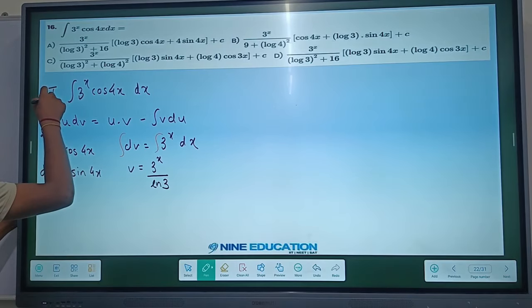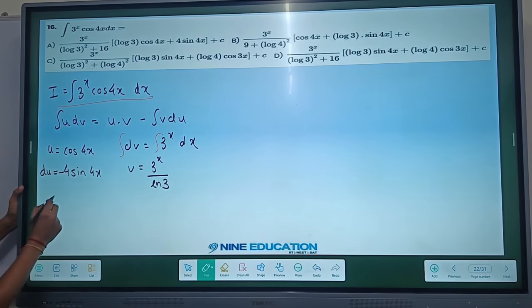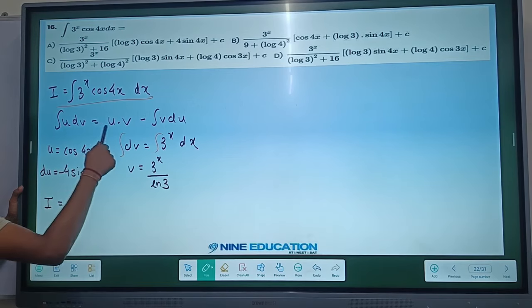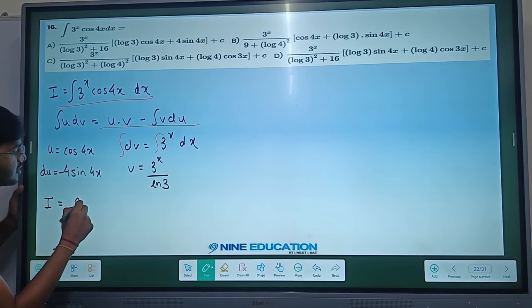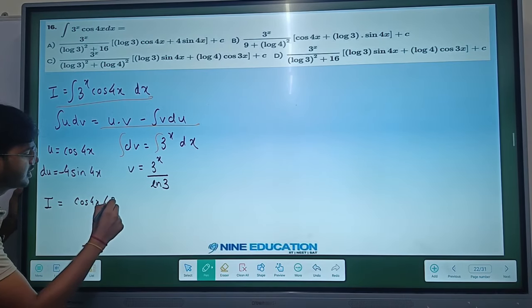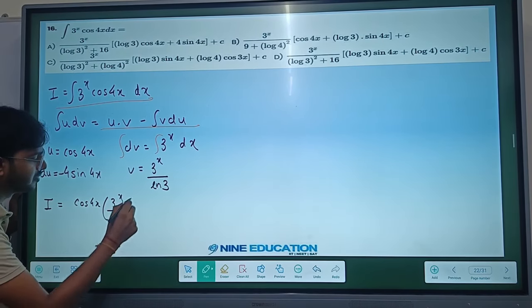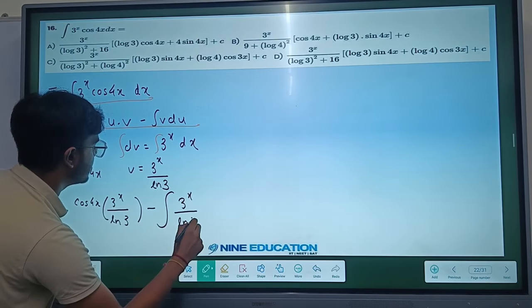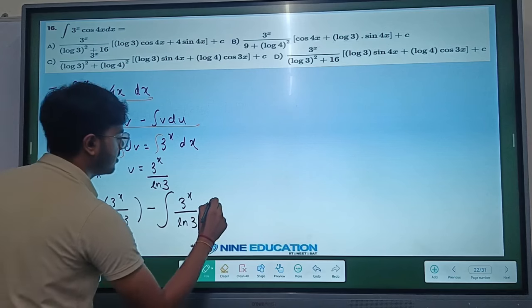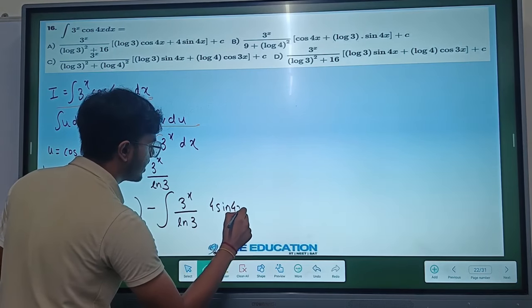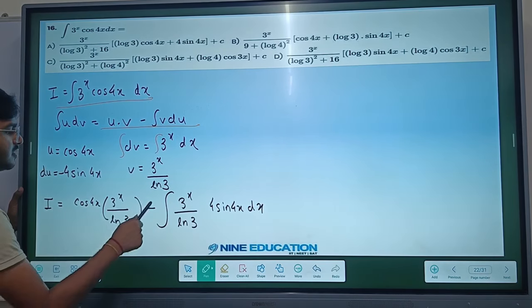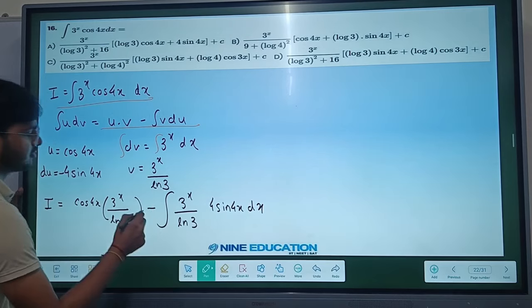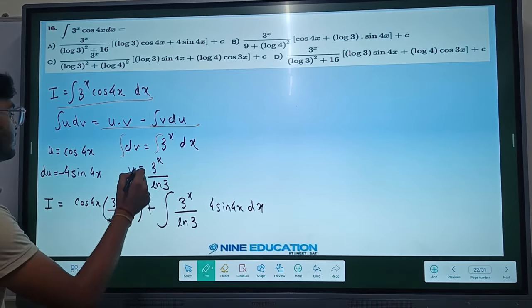Let's say this is I. Using integration by parts, I equals u into v, where u is cos 4x and v is 3 power x by ln 3, minus integration of v du. V is 3 power x by ln 3 and du is minus 4 sine 4x dx. If I move that minus here, it will become plus.